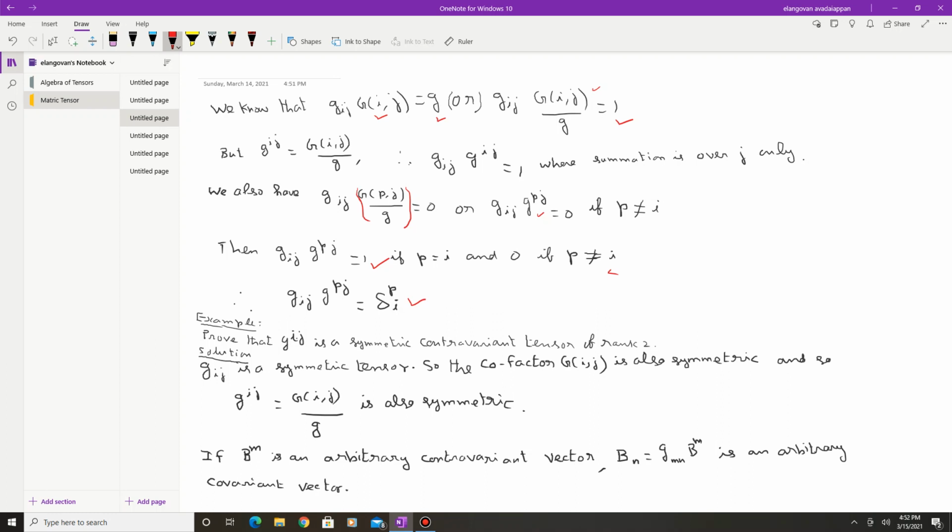When p is equal to i, it is 1, and when p is different from i, it is 0. So this can be easily proved. This is a contravariant metric tensor of rank 2, and this is a covariant metric tensor of rank 2. So the product g_ij g^pj is equal to delta p i. This result will be often used.